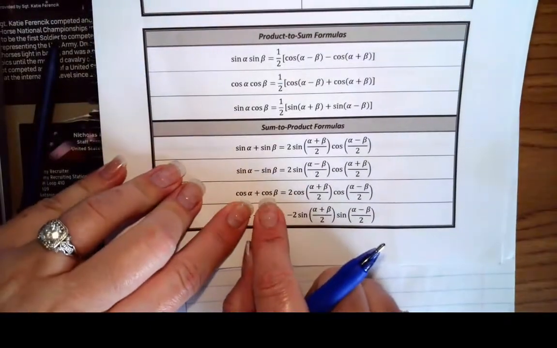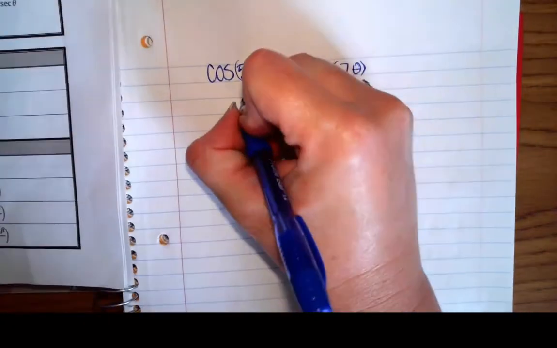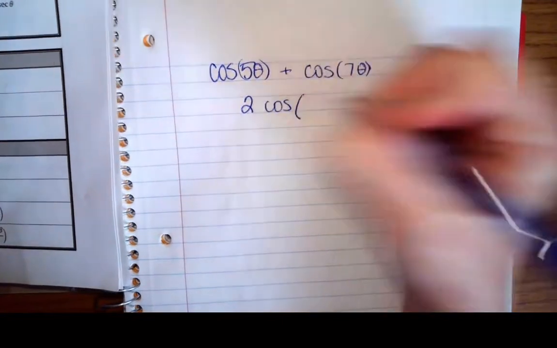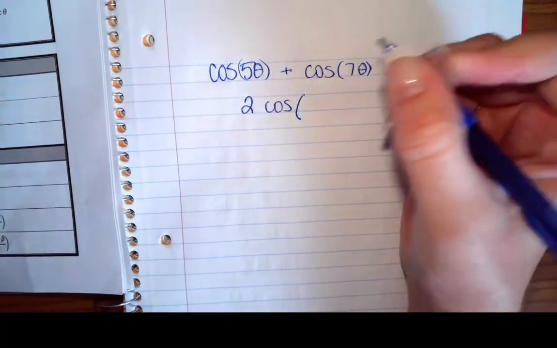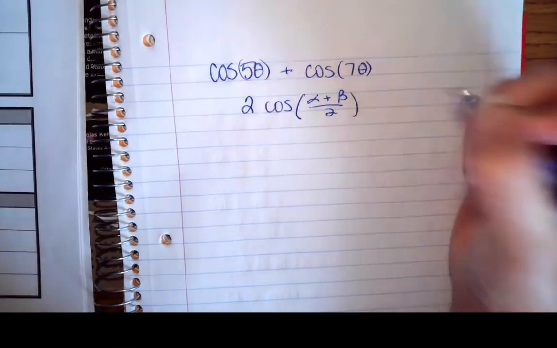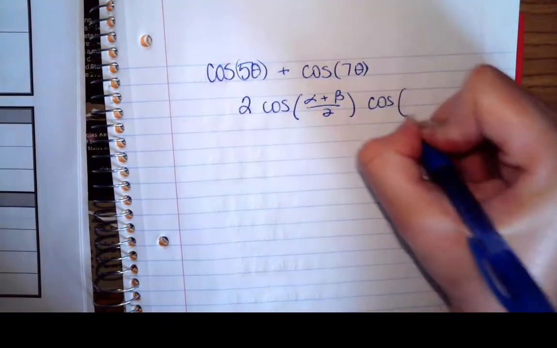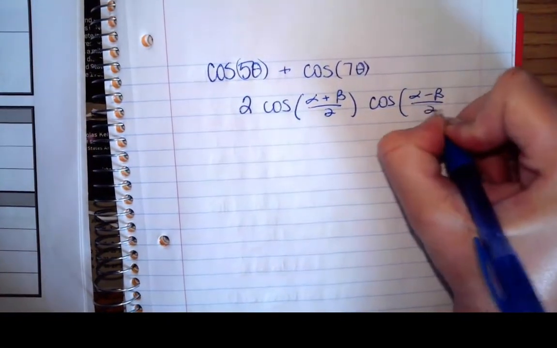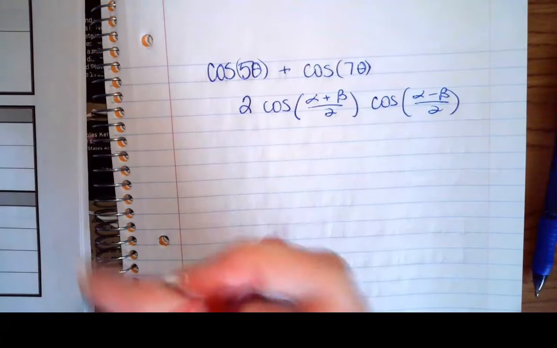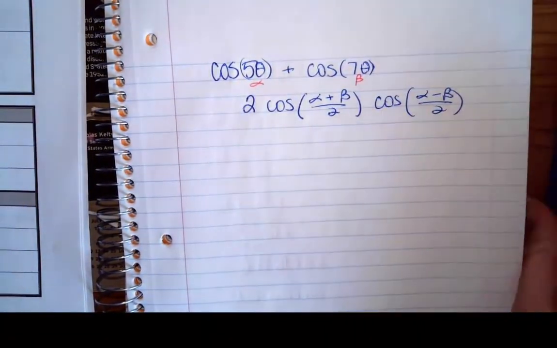All right, so cosine alpha plus cosine beta means I will have 2 cosine of alpha plus beta over 2, and then the cosine of alpha minus beta over 2. So this is alpha and this is beta.